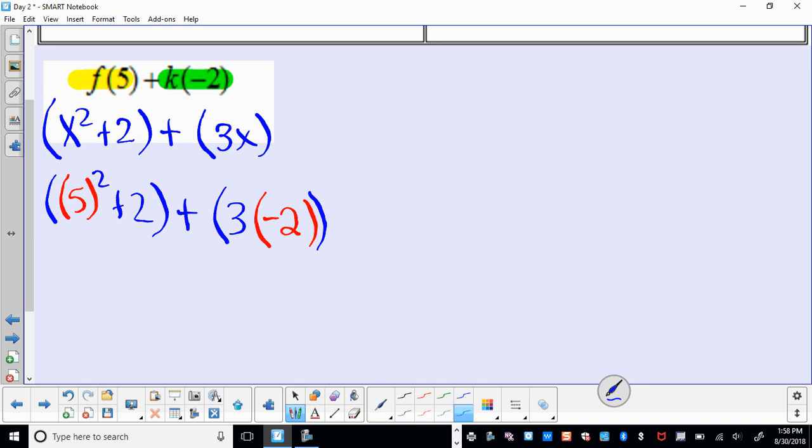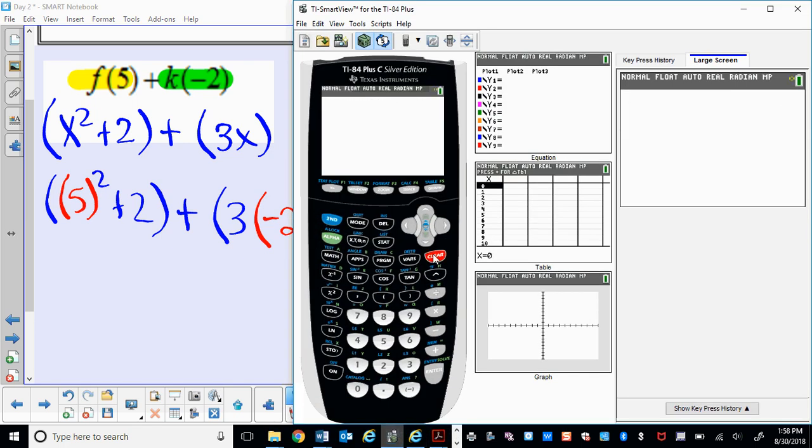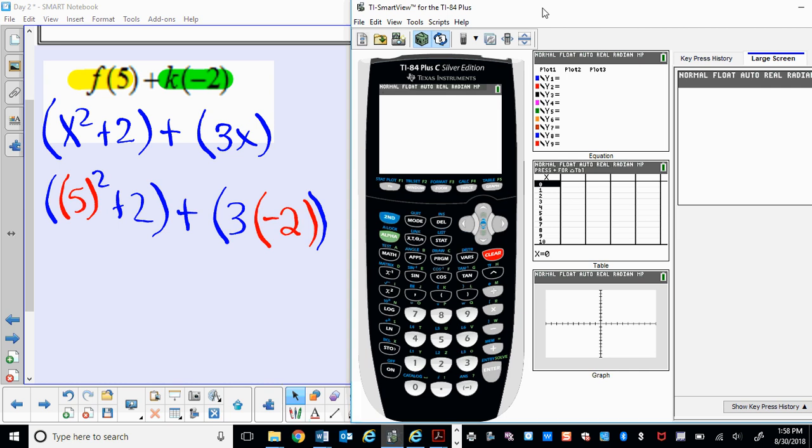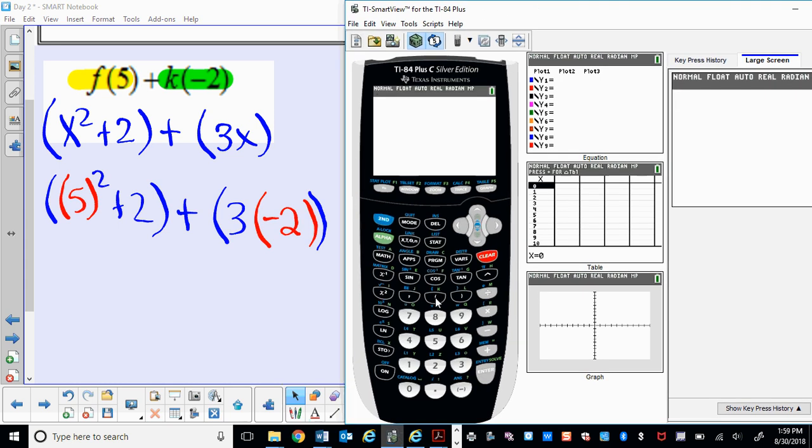If you wanted to do this in your calculator, I'll show you how you can do it. So in your calculator, you would just type in exactly what you see. I have a parentheses, another parentheses, 5, close parentheses, square, plus 2.